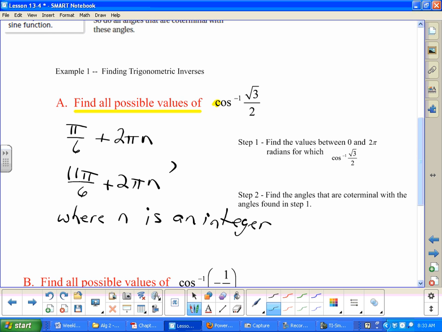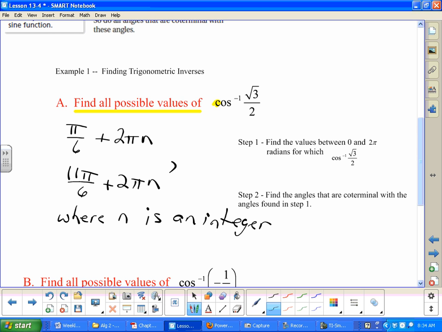So this means that I could be going clockwise or I could go counterclockwise, multiples of 2 pi. So my answer to this problem is pi over 6 plus 2 pi n, 11 pi over 6 plus 2 pi n, where n is an integer.